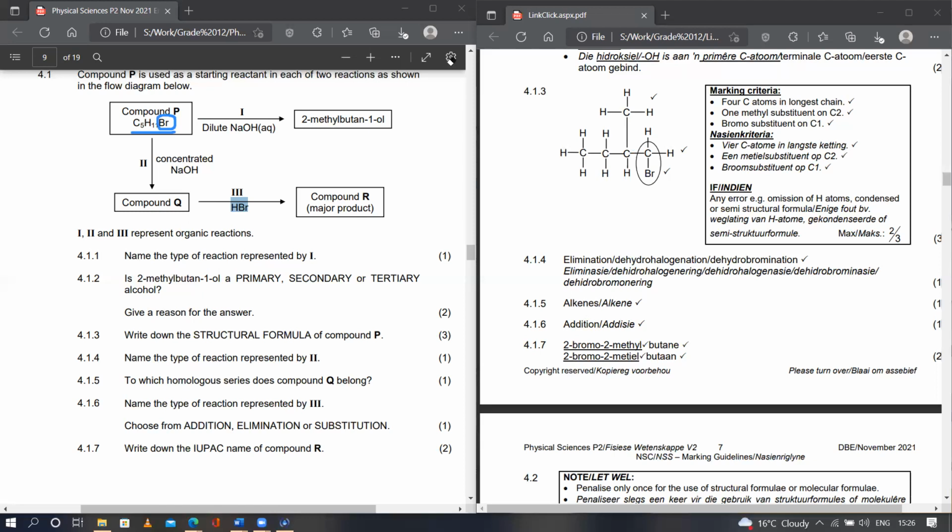But this time it's not gonna go directly to the first carbon. Since there was a double bond, when this double bond breaks, it's not gonna go directly to the first carbon. It's gonna go to the second one here. And here there's gonna be a hydrogen, but this one is gonna be your bromine group.